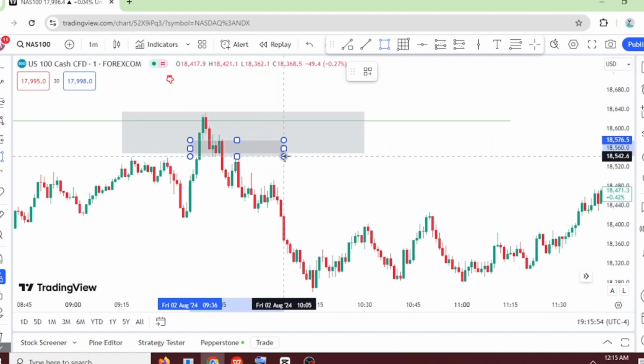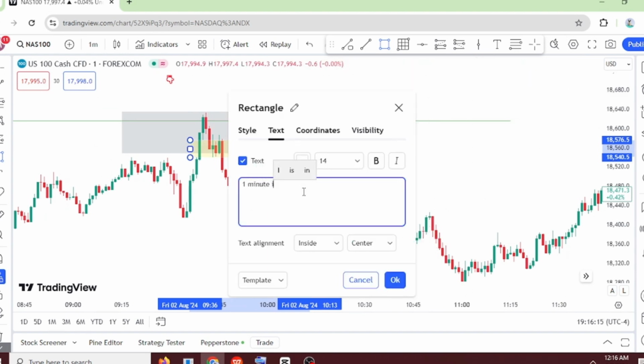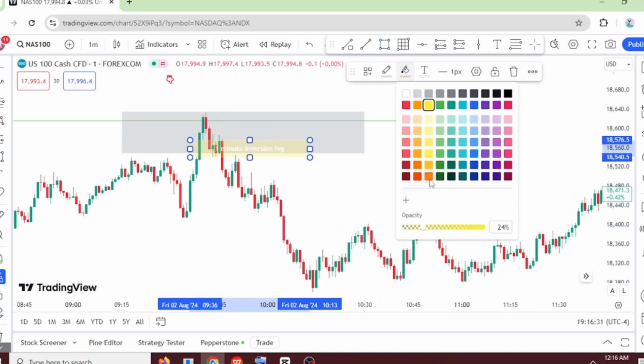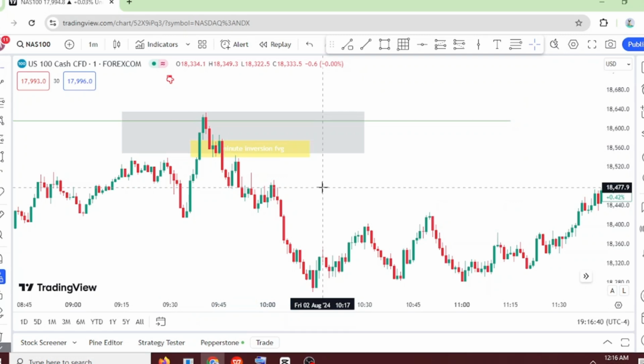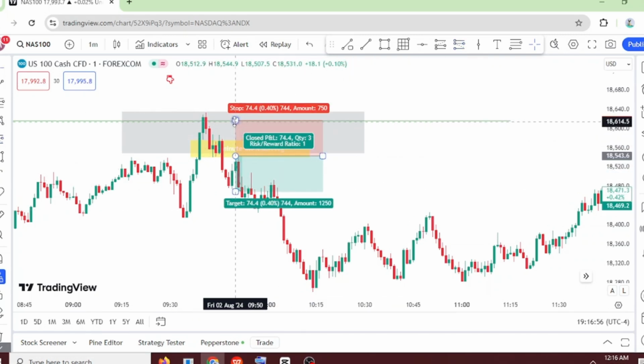As you can see in the lower time frames, in the area where we highlighted, we now start looking for inversion fair value gaps and wait for the price to go back to the inversion so that we can get into a sell setup. When the price goes back to the inversion fair value gap, which is marked by the yellow shaded area, we get into a sell setup and we put a stop loss just below the candle that formed the inversion fair value gap.